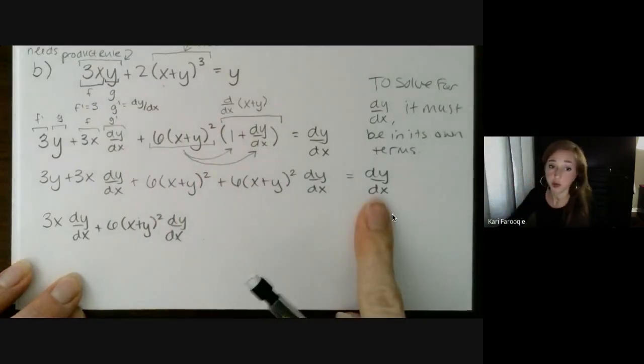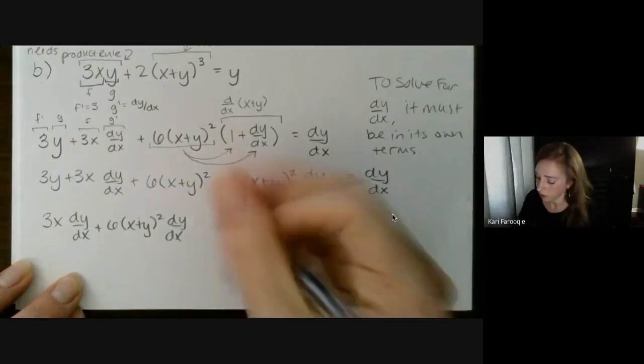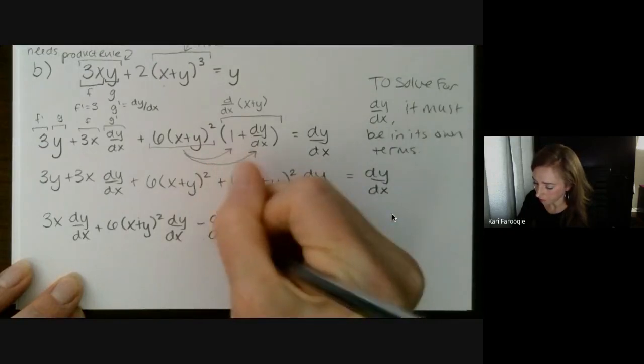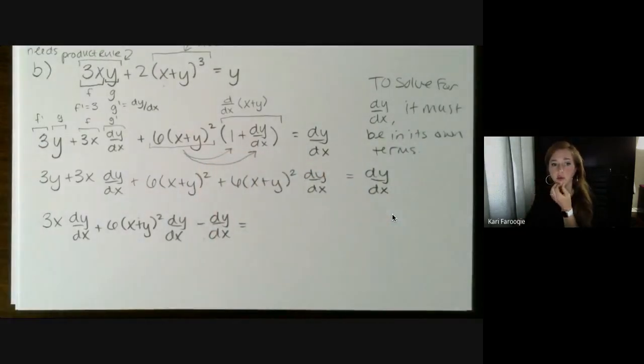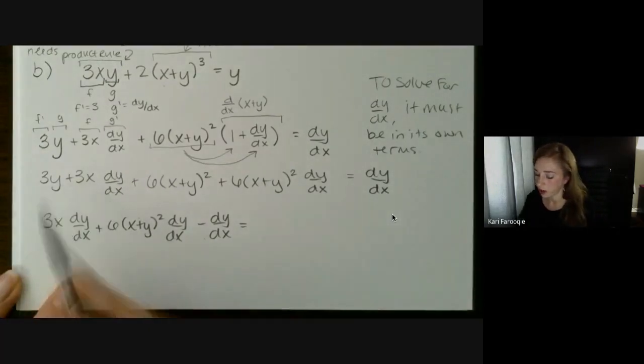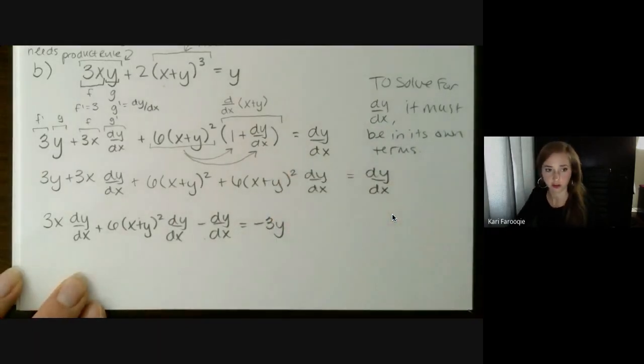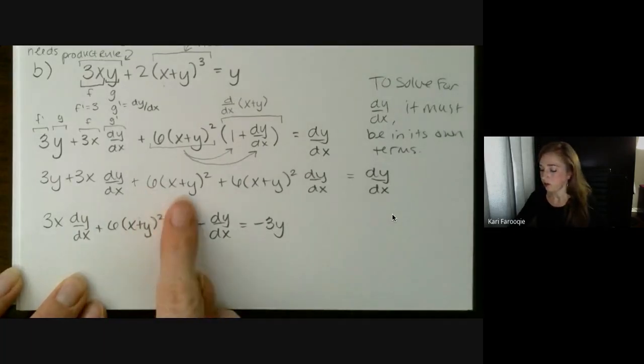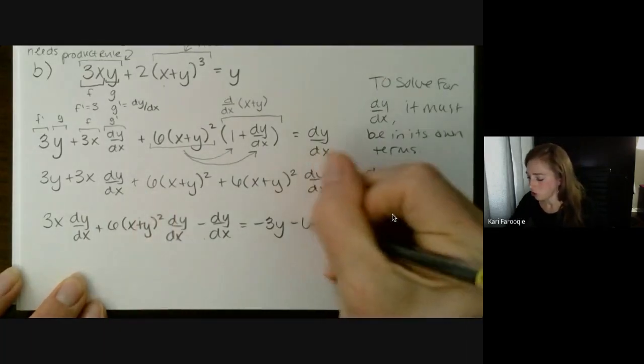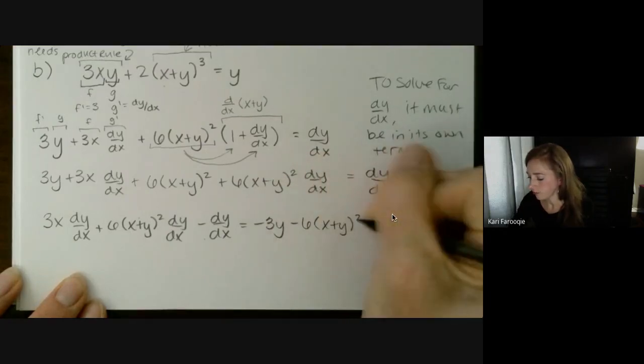And then I'm going to subtract the dy dx off the right-hand side equals, and then all the non-dy dx terms I'm going to move to the right-hand side. So this 3y, it's going to the right-hand side. And remember, change the side, change the sign. Same with the 6 times x plus y squared. Change the side, change the sign.